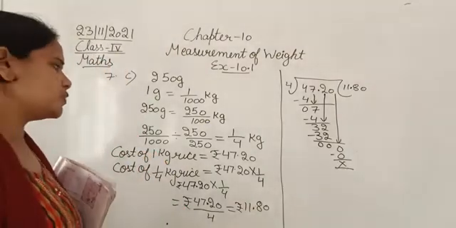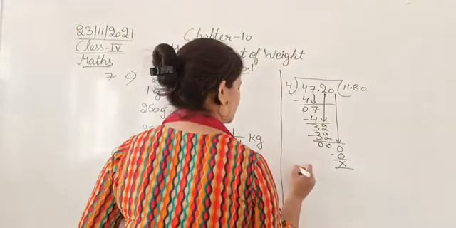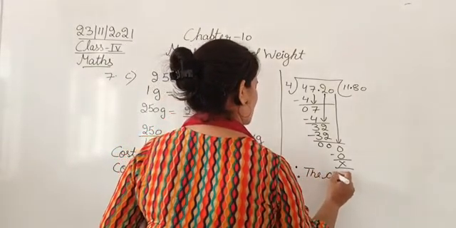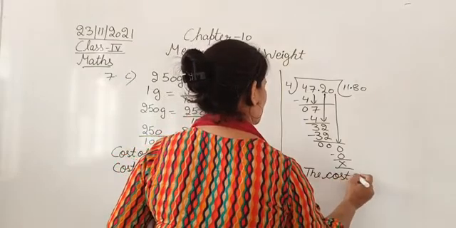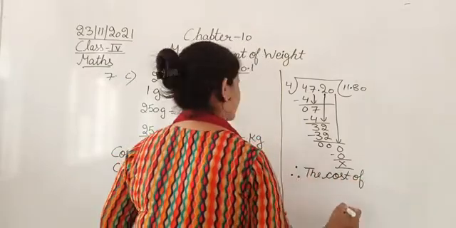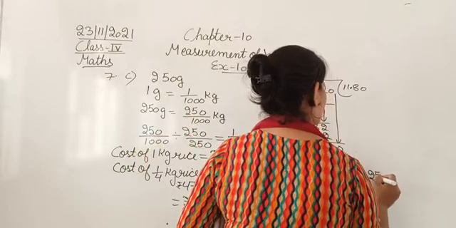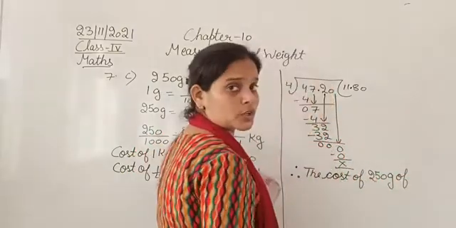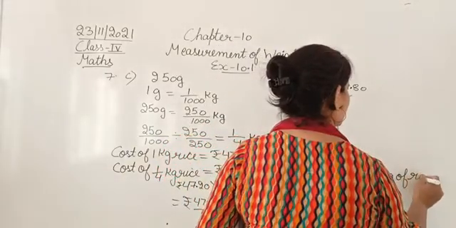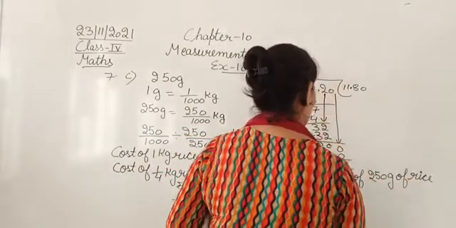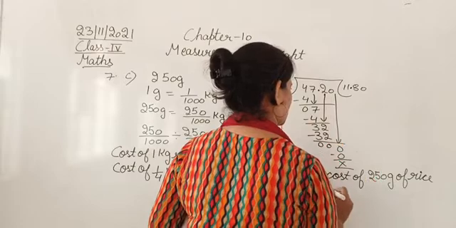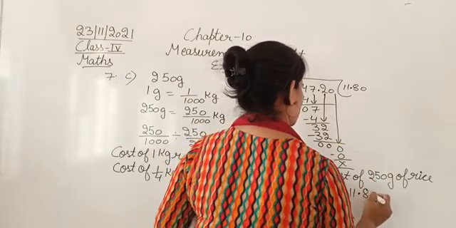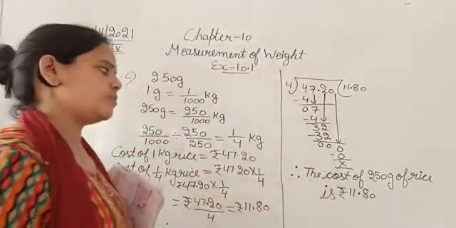So let's write down the solution sentence. Therefore, the cost of 250 gram of rice is 11 rupees and 80 paisa.